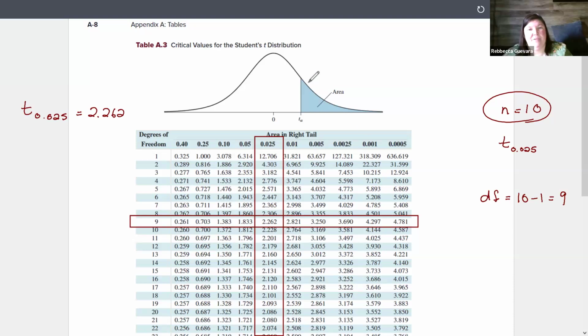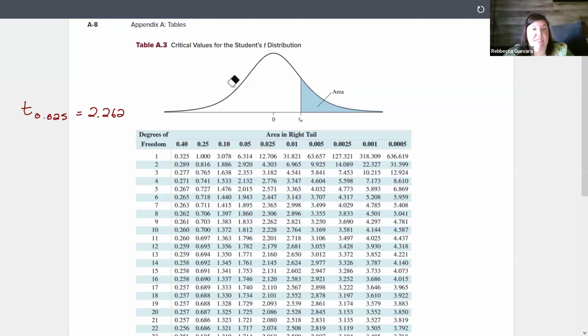Okay. So let me change this problem just a little bit to show you how else we can do this. Just to go through this one more time, let's say we have a sample size of 20, and let's say we have a confidence level of 99%.